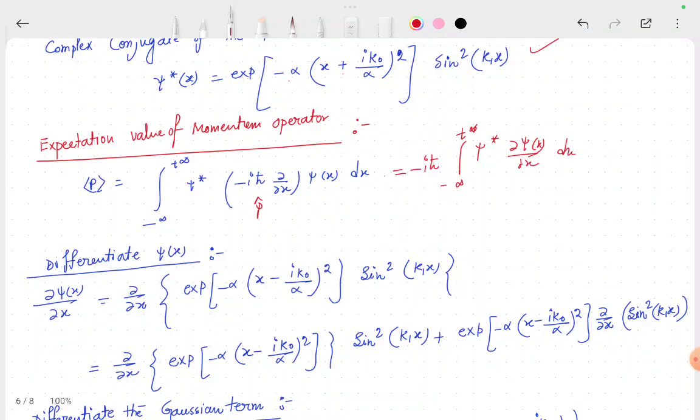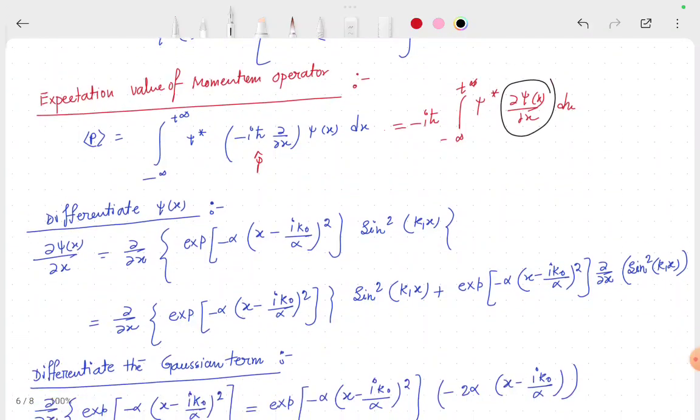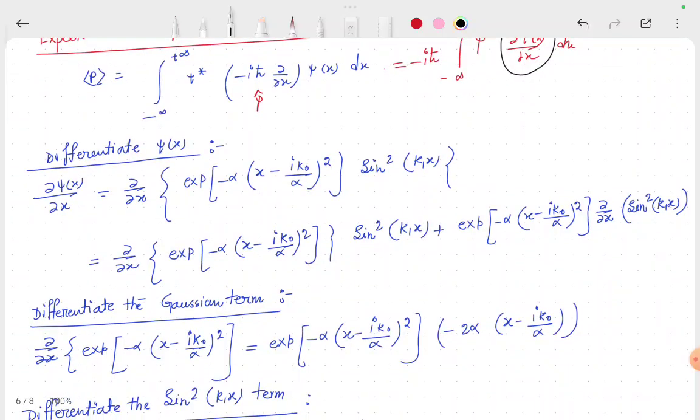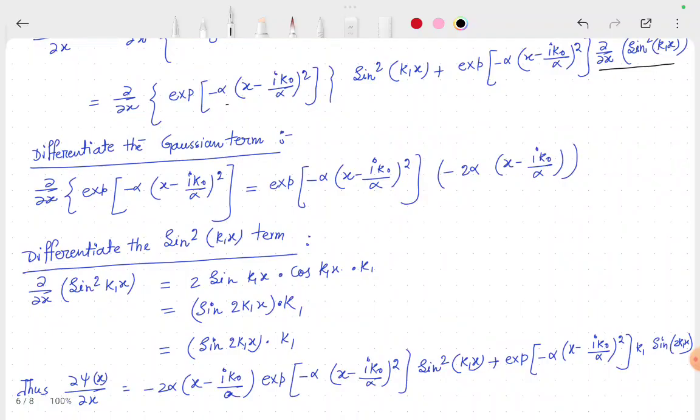First of all we calculate the derivative of this wave function. Here is the first line, and next del by del x of exponential minus alpha x minus k naught i k naught upon alpha whole square sine square k1x, and then the derivative of the sine square function. Now the derivative of the exponential part, and the derivative of the sine square part.